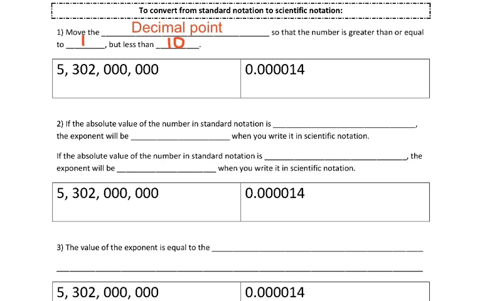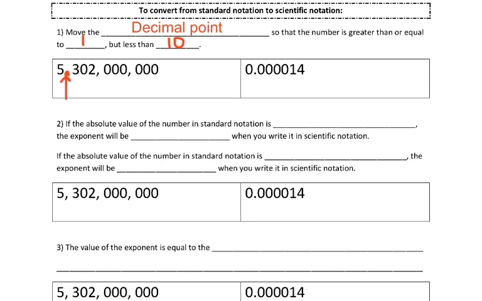So in this example of 5,302,000,000, we want to move the decimal point so that the number becomes in between 1 and 10. So in this example, I'm going to want the decimal point to be right after the 5. So we put the decimal after the first non-zero digit. 5 is not a 0, so we put it right after that number. That's where we want our decimal point.